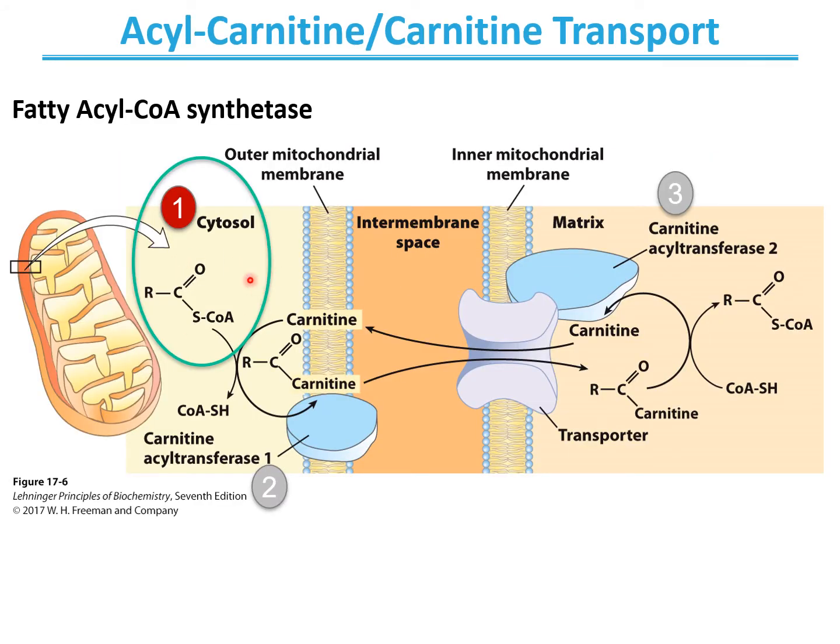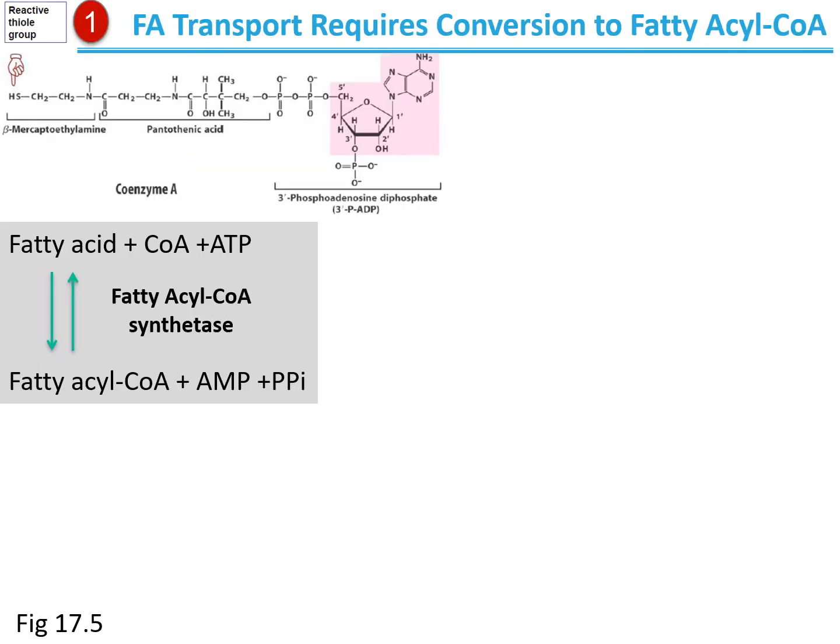Before a fatty acid is transported inside the mitochondria, it is first activated in the cytosol by fatty acyl-CoA synthetase. Here it is, our fatty acid represented with an R, which is any hydrocarbon chain here, and it is conjugated to coenzyme A. So this is the first step that we will look into in more detail.